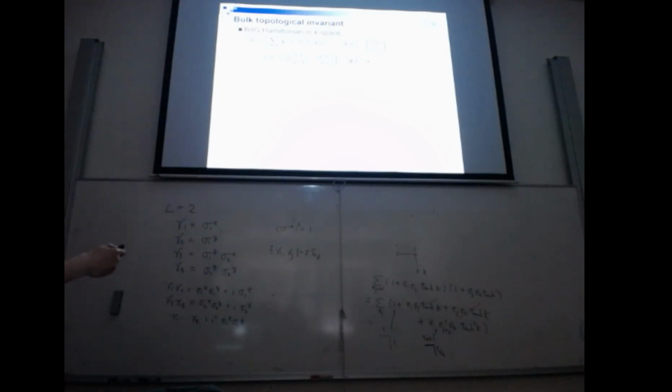And here this calligraphic H of k is a 2 by 2 matrix. It's Hermitian, so you can parameterize this 2 by 2 matrix by Pauli matrices. And this d is just a 3-component vector.